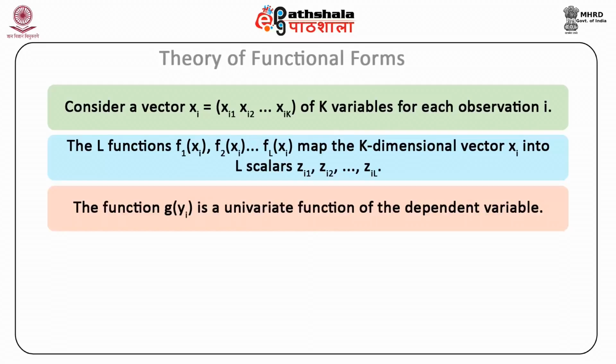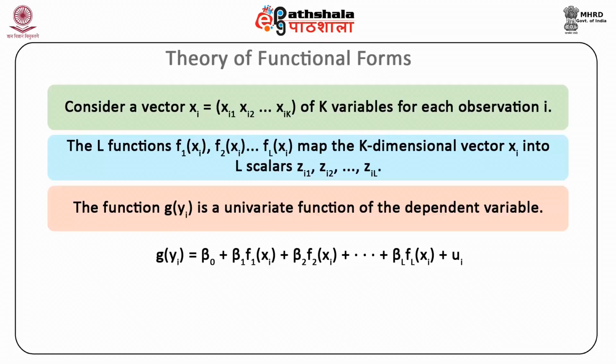The function g(y_i) is a univariate function of the dependent variable. The nonlinear econometric model is g(y_i) = beta 0 + beta 1 f1(x_i) + beta 2 f2(x_i) and so on up to beta L fL(x_i) + u_i.